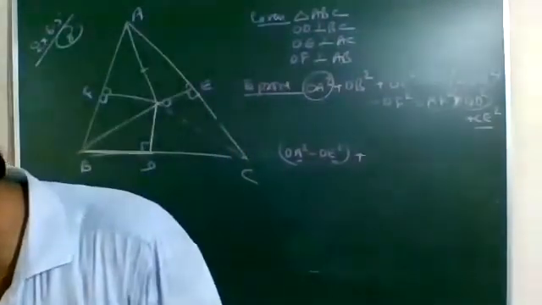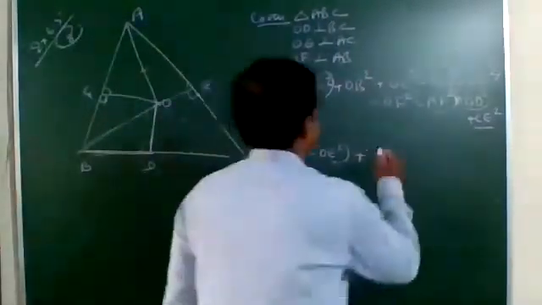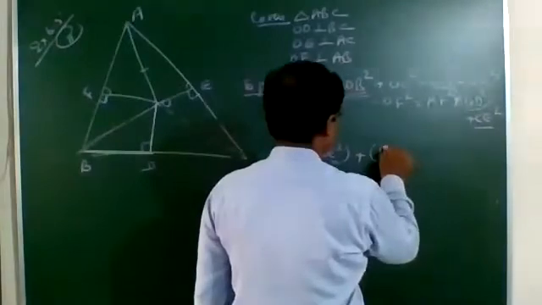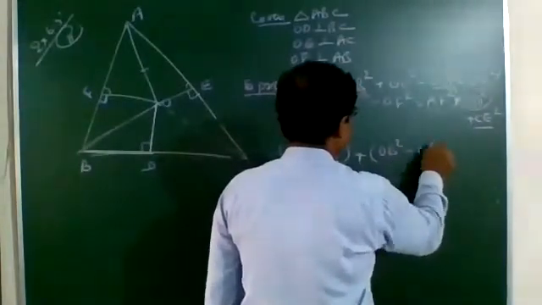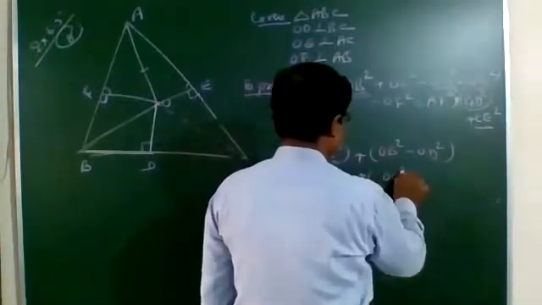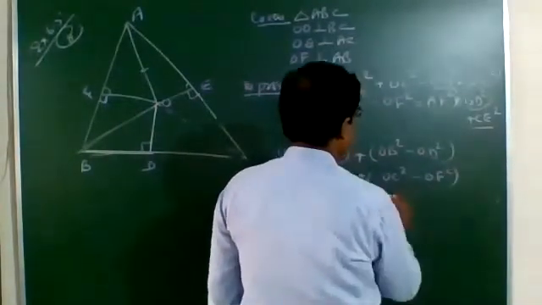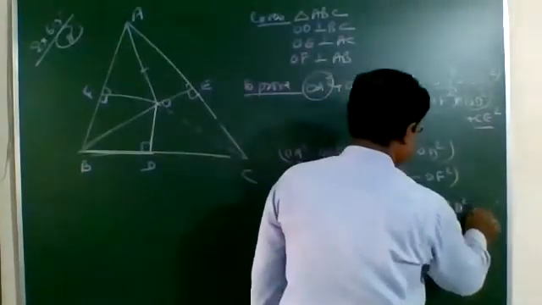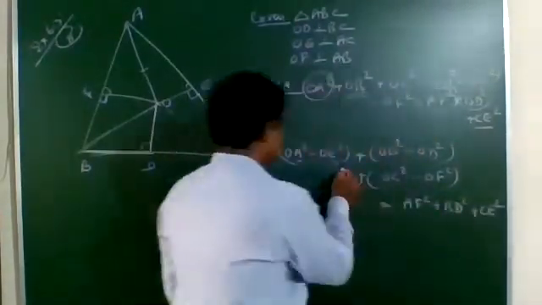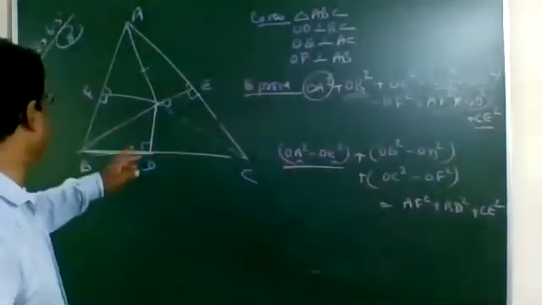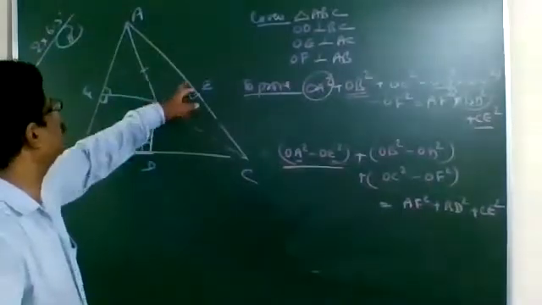Plus, we require BD square. BD square is coming in OB square as well as OD square. We take OB square minus OD square in one bracket. And the third one which is left, OC square minus OF square, take in one bracket, and the sum is equal to AF square plus BD square plus CE square. Now see the diagram: OA square minus OE square. What can I write in place of OA square minus OE square?